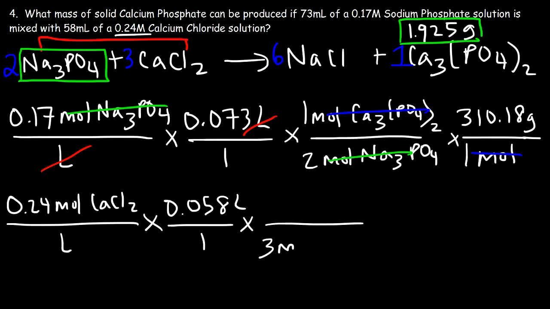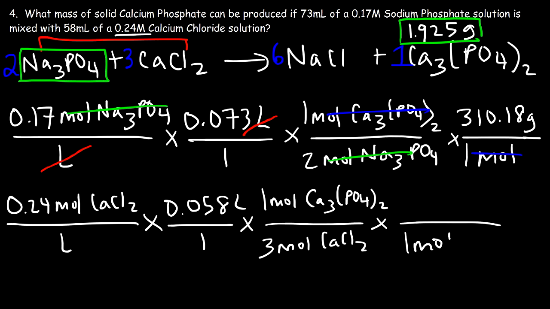So we're going to have 3 moles of calcium chloride on the bottom and 1 mole of calcium phosphate on top. Now the last part is going to be the same. The molar mass of calcium phosphate is not going to change. It's going to stay 310.18 grams per mole.